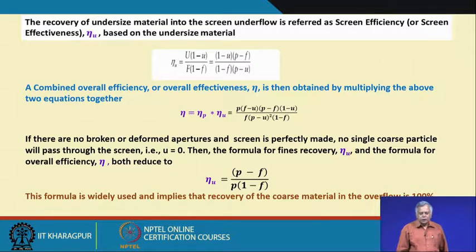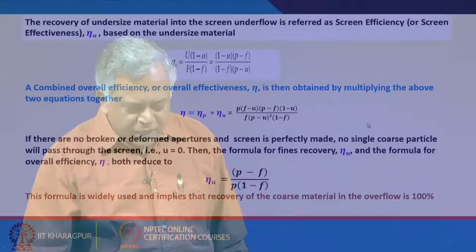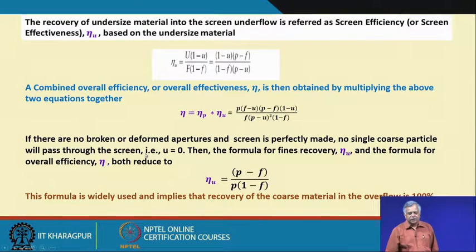But if you are maintaining your screen on a regular basis, and if you have bought it from standard manufacturing agencies, so you can assure that there are no broken or deformed apertures and the screen is perfectly made, then as I said, no single coarse particle will pass through the screen.